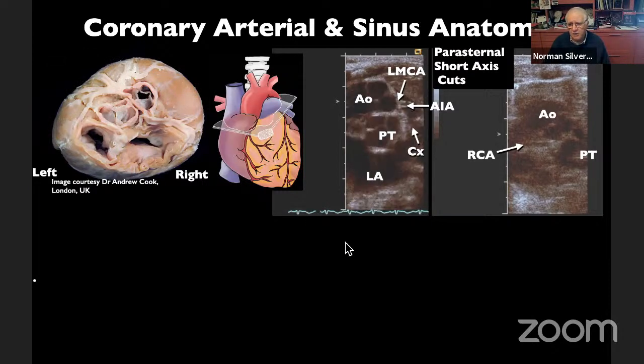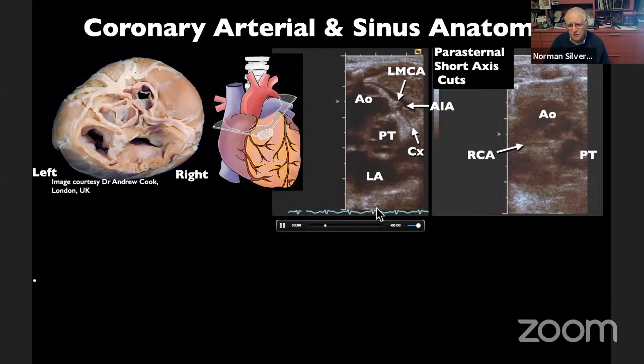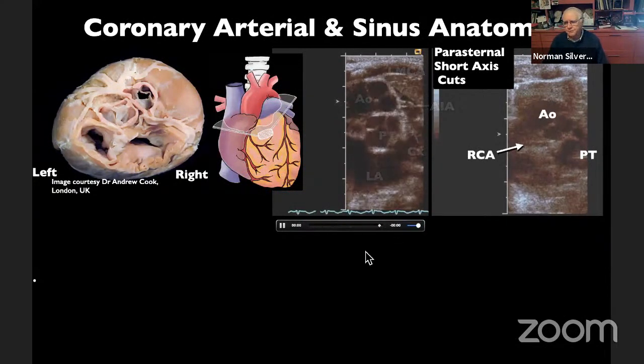And on echocardiogram, we often cannot see these together. This is a high frequency 15 megahertz linear array probe, which I've used in the past to look at the coronary arteries. Here you see the left anterior descending coronary artery in this neonate, the anterior interventricular or LAD, and the circumflex running around, the position of the great vessels, the alignment between the two, and the left atrium posteriorly.